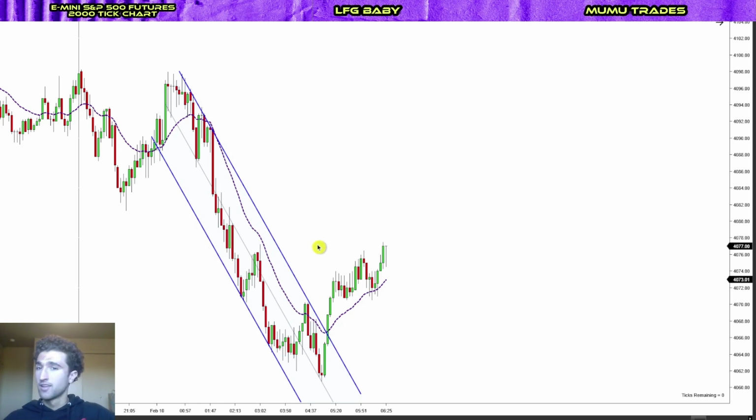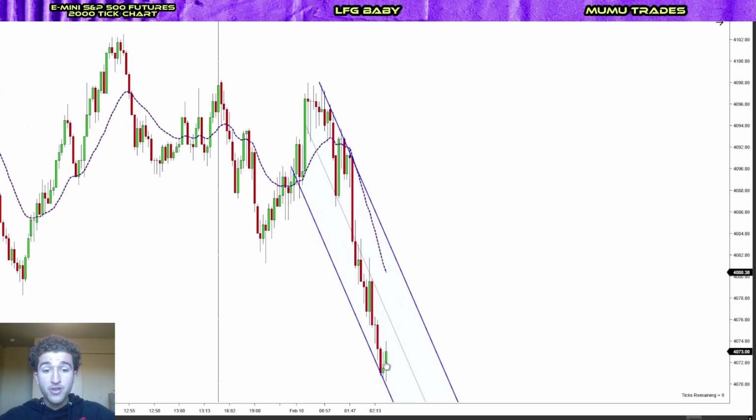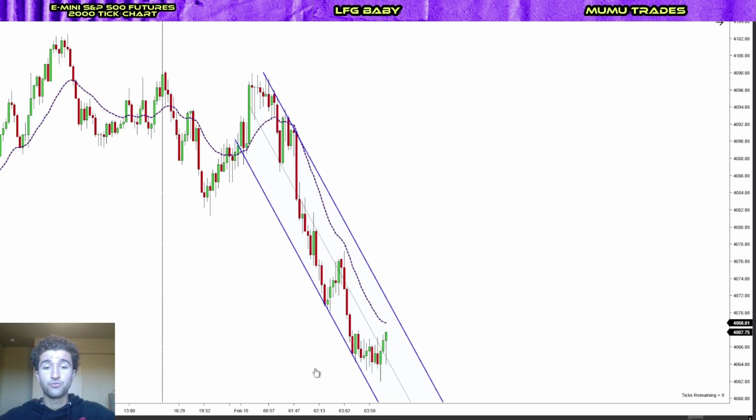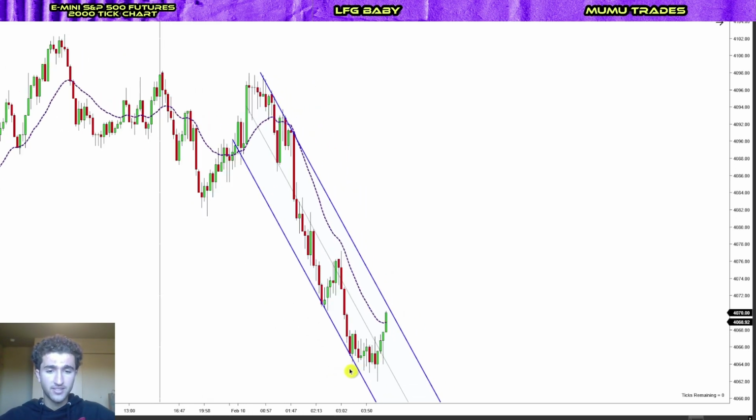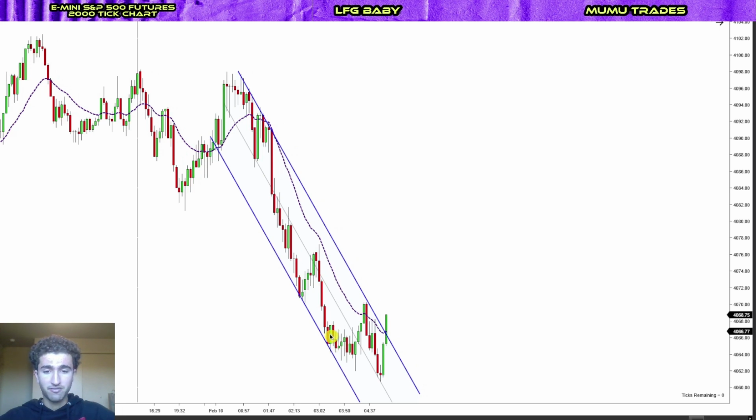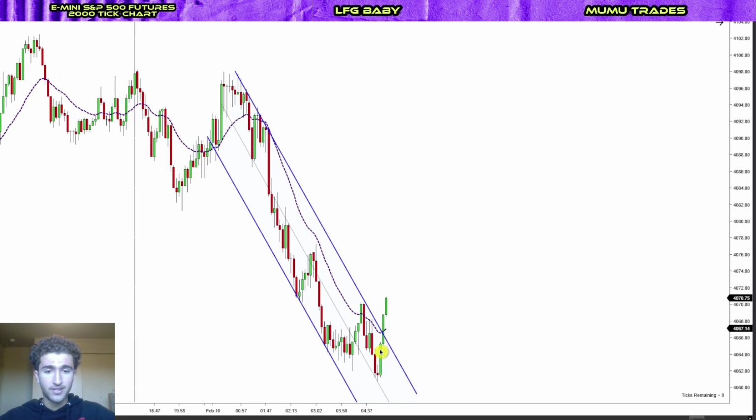But in reality, imagine that you were trading at around 3 a.m., 4 a.m., which is what we see right here. Does this price action from right here to here really look like a downtrend?